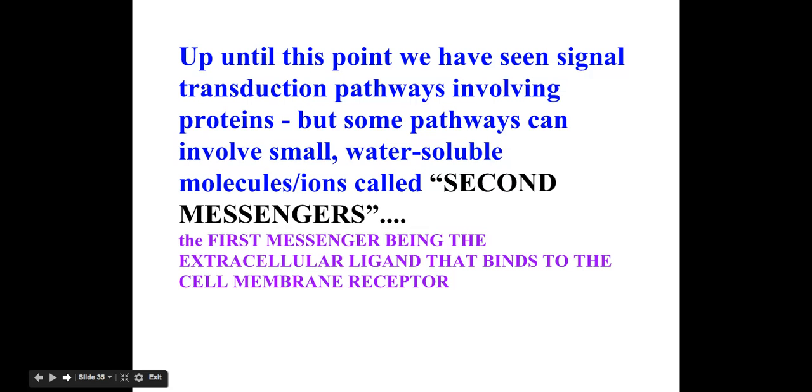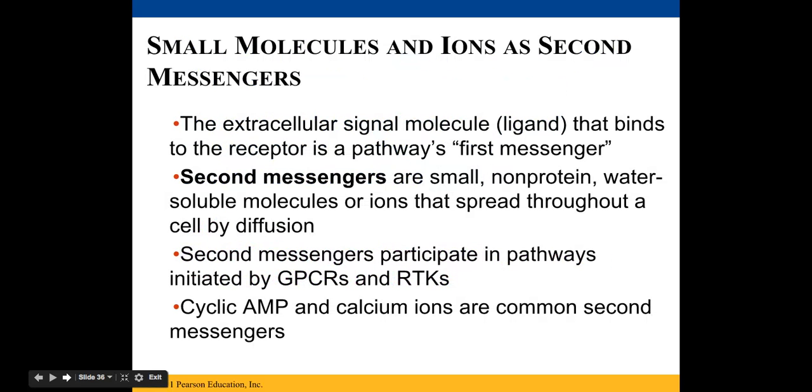And so now we're going to look at some pathways that can involve some small water-soluble molecules or ions that are called second messengers. The first messenger would be the ligand that initiates the response. So these second messengers are, as I said, small non-protein water-soluble molecules that can spread through the cell with diffusion.